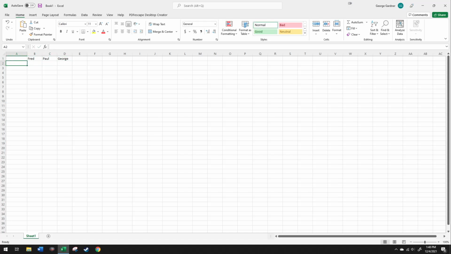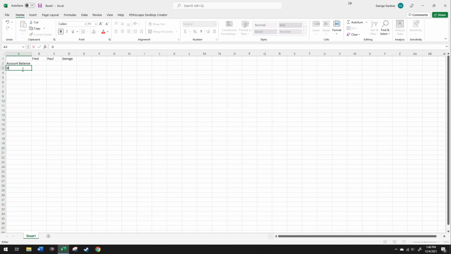And we're looking at their bank account balance. We want to know if they are in debt or credit, if they have money or if they owe money. Fred has 250, Paul owes 300, and George has 400.